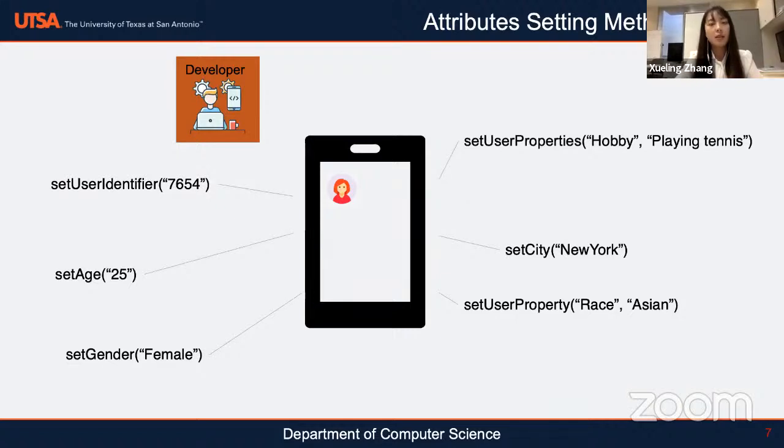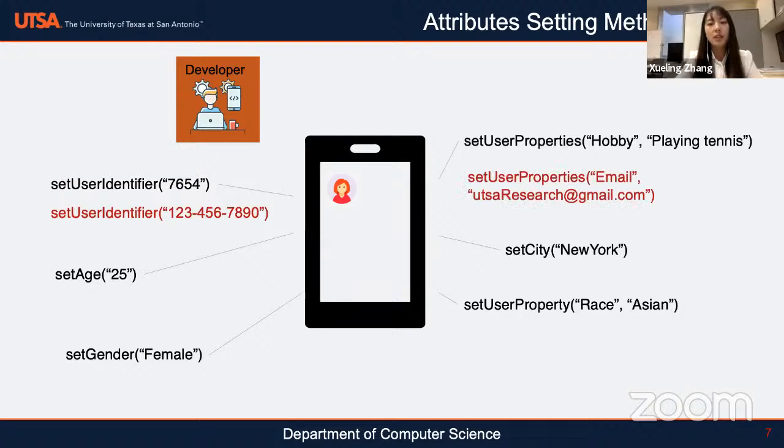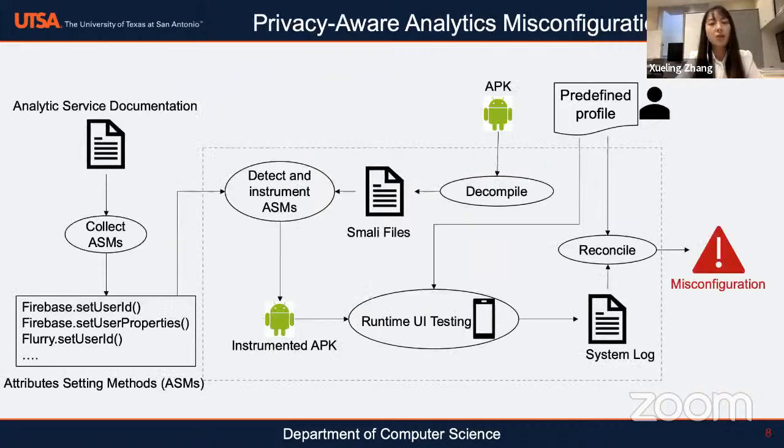Another example is set properties. Basically, it allows us to set anything that we need. So an example of misconfiguration would be using a phone number as user's identifier, or putting the email address into the user's property.